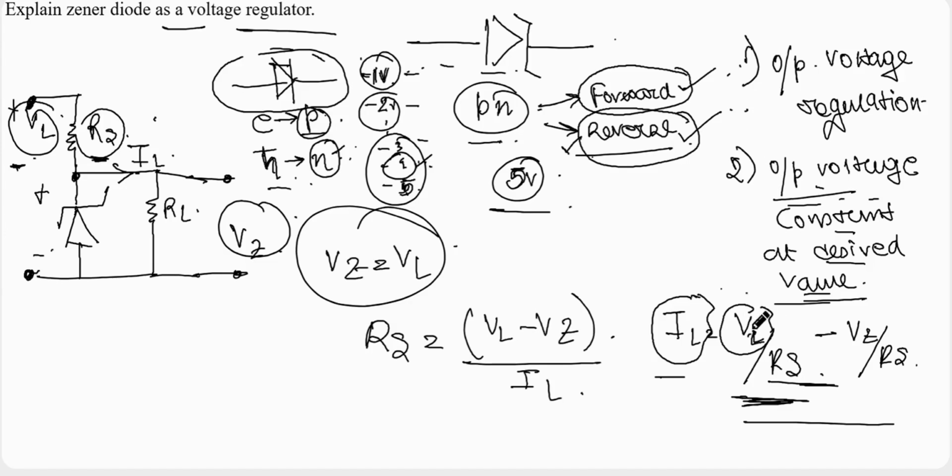So when VL is decreasing, the quantity VL by Rs will also decrease, and the other term is already negative, meaning it is already decreasing. So the overall voltage drop will decrease and the value of current will also considerably decrease. Okay. So this is all about the zener diode.